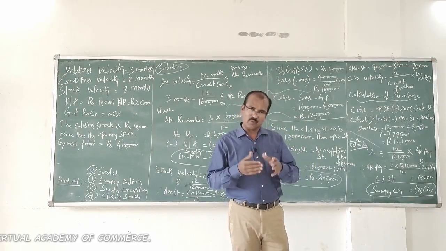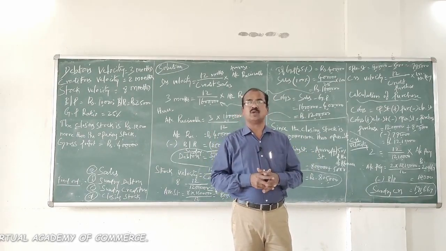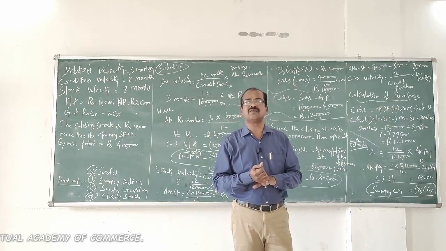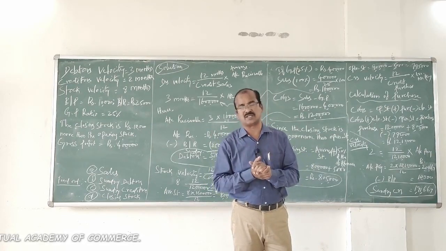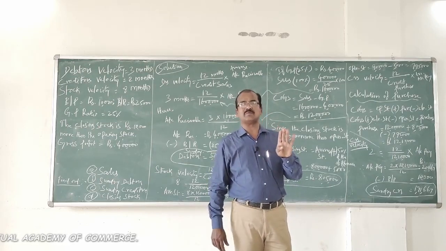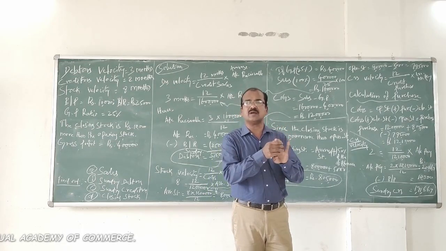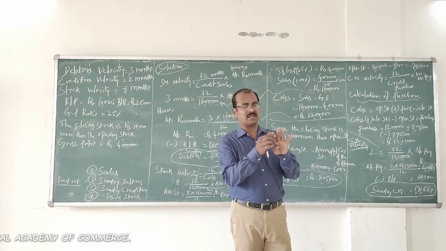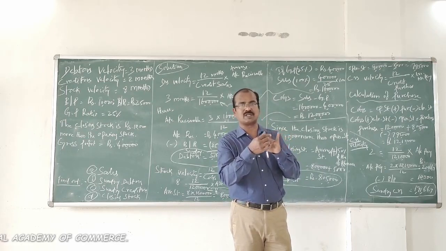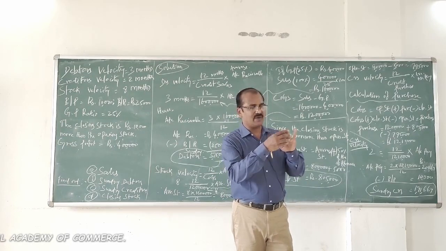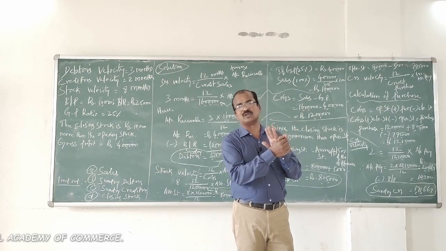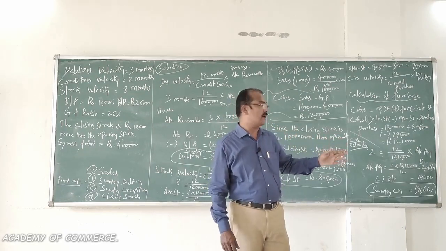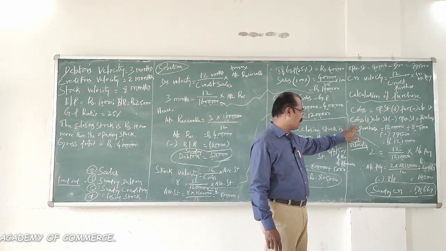But here we already know cost of goods sold. We have already calculated opening stock and closing stock as well. What is it we do not know? We don't know purchase. So among the 4 items, if you know any 3 items, the 4th one could be calculated. What are the 4 items? Cost of goods sold, opening stock, closing stock and purchase. We know the first 3. Therefore, the 4th one, purchase, could be calculated by rearranging this formula. How have I rearranged the formula?